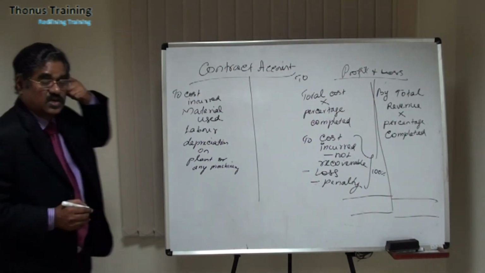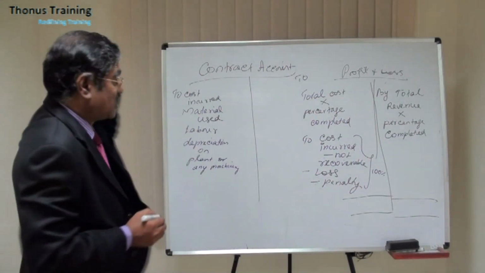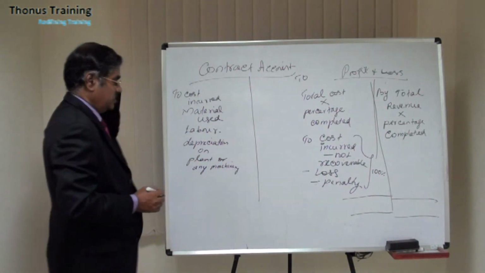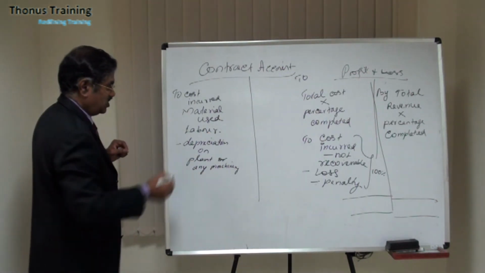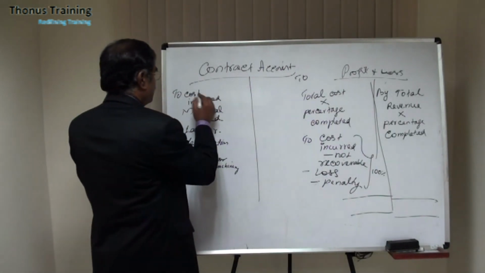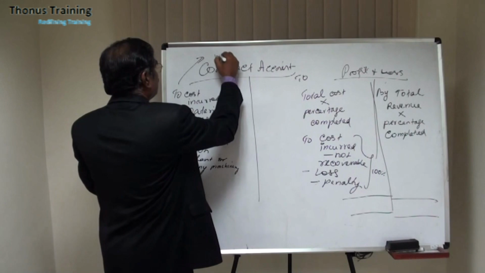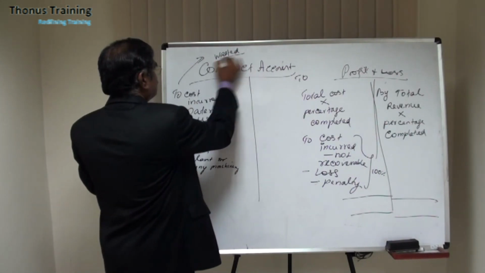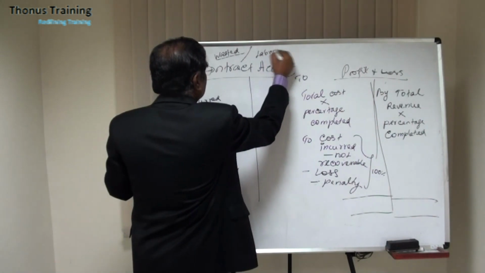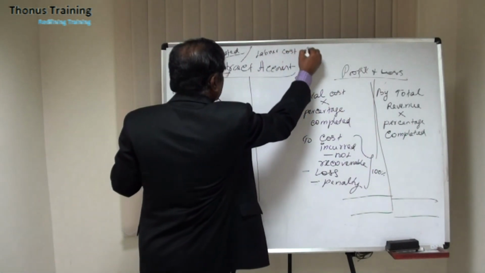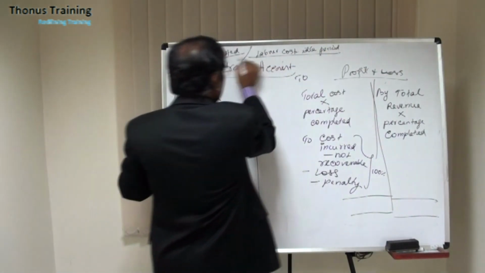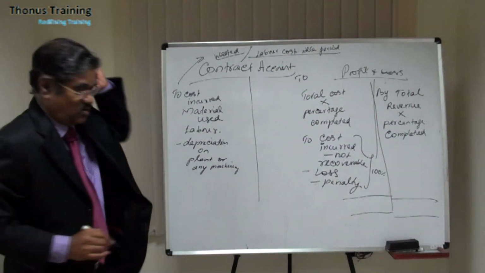So cost incurred to date, that is the cost of the material used, cost of the labor, depreciation on the plant and machinery used, should be debited. You have to keep in mind that any material which is wasted, or any labor cost during the idle period, should not be taken into account.